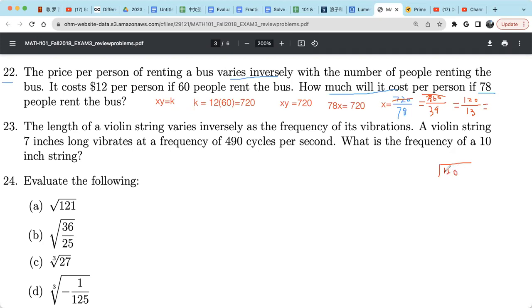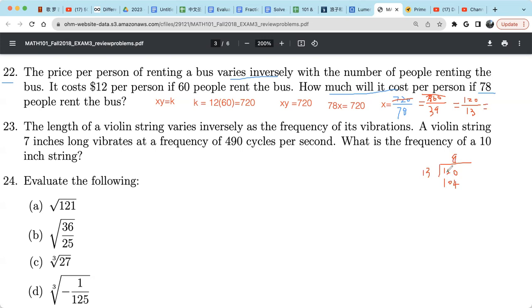120 divided by 13. I think I can put a 9 over there. Let me see. If I put a 9, 3 times 9, 27. No, that's too big. I have to put an 8. So that's 4. 3 times 8, 24. Carry on 2, 1 times 8, 8 plus 2, 104.